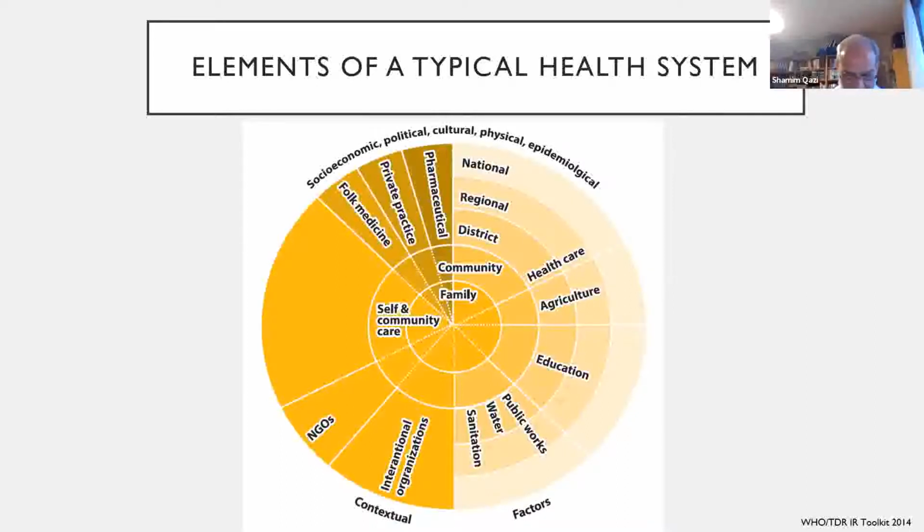Now, WHO has identified 6 key groups or building blocks which make up the health systems: leadership and governance, healthcare financing, health workforce, medical products and technologies, and information and research. These blocks address access to and coverage of health services, as well as quality and safety of services.